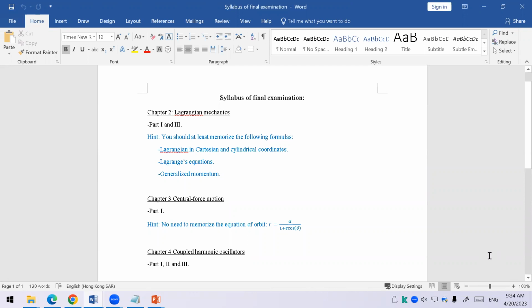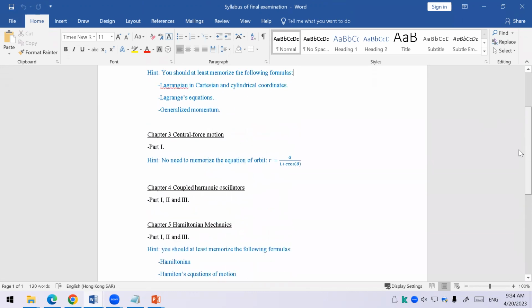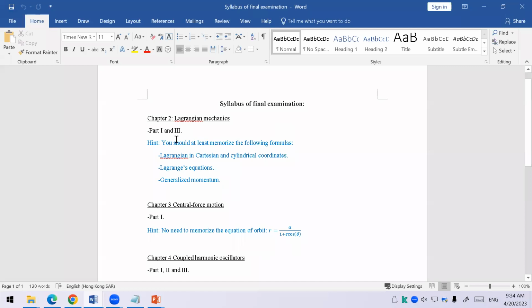Before I continue on the content of the lecture, let me say something about the syllabus of the final exam. I'll upload this to Blackboard today. You can see that it will cover all the way from chapter 2 to chapter 6. However, notice the details.